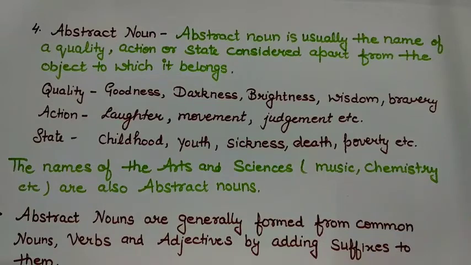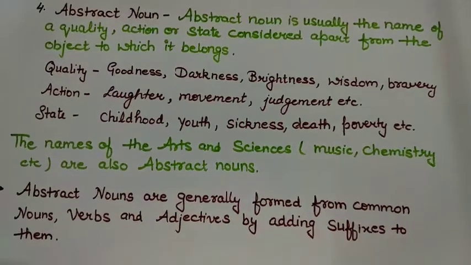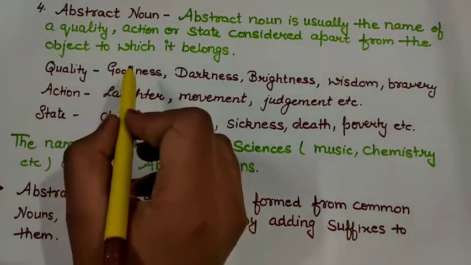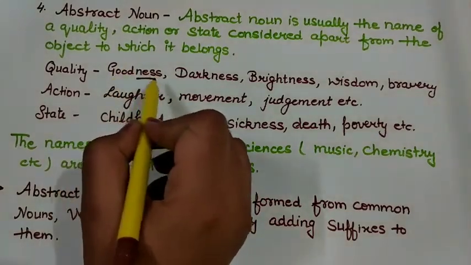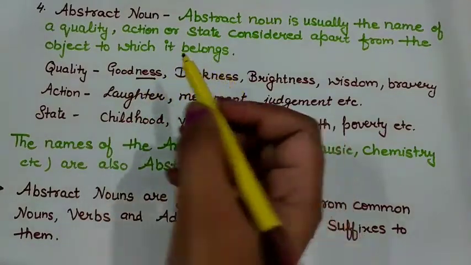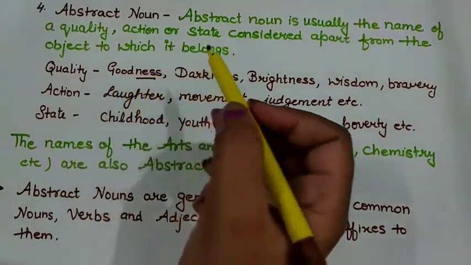The names of arts and sciences like music, chemistry, etc. are also abstract nouns. Abstract nouns are generally formed from common nouns, verbs and adjectives by adding suffixes to them. Like you can see I have added ness to good to make the abstract noun goodness.